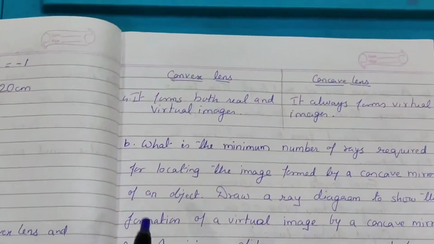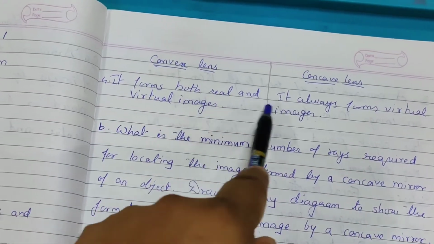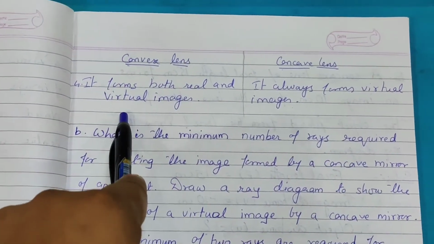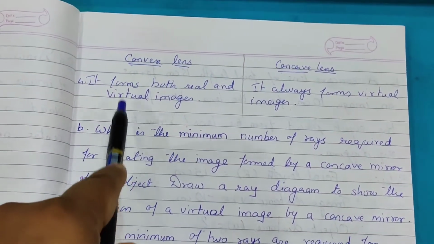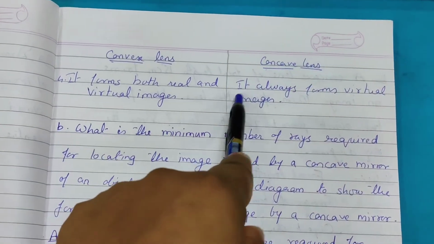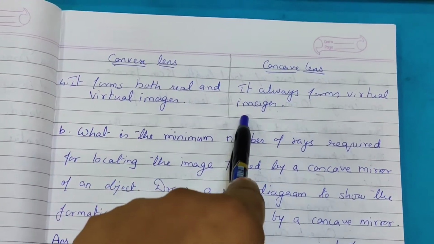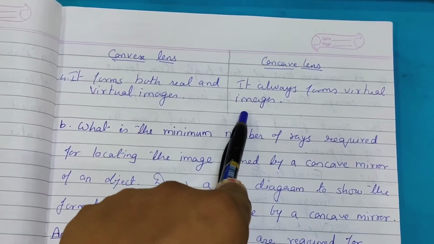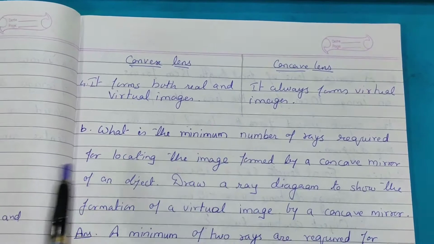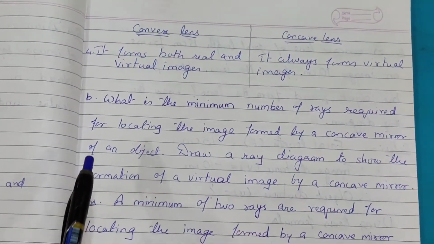Next one is, convex lens forms both real and virtual images, whereas concave lens always forms virtual images, not real. This is one part of the question.